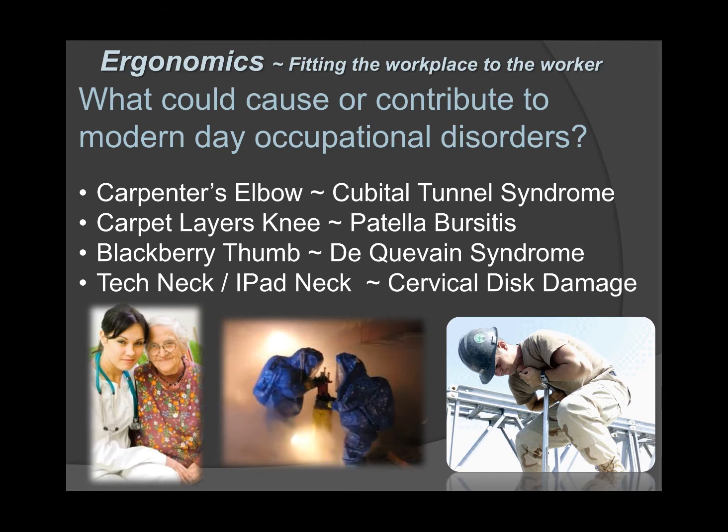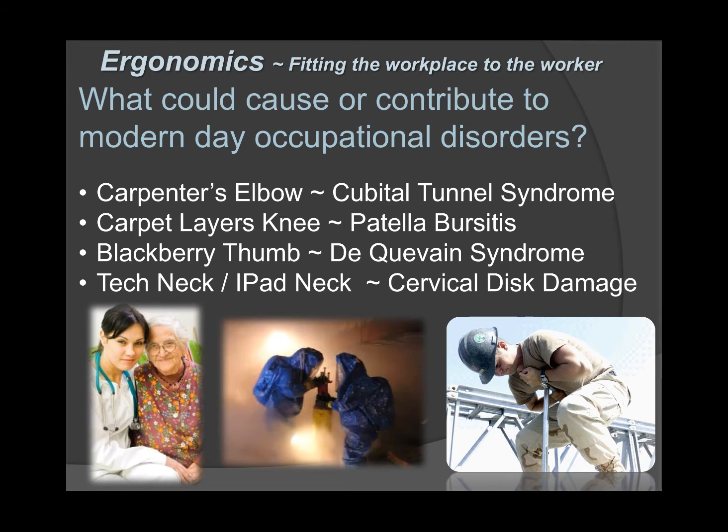De Quervain's disease. Boy, this kind of dates the presentation, right? We can't even call it BlackBerry thumb anymore. Now we can call it texting thumb or gamer's thumb. Same idea, overuse of the thumb, somehow causing inflammation. Again, this is actually a tendon disorder, inflammation of the tendon or the sheath of the tendon in the thumb from overuse.